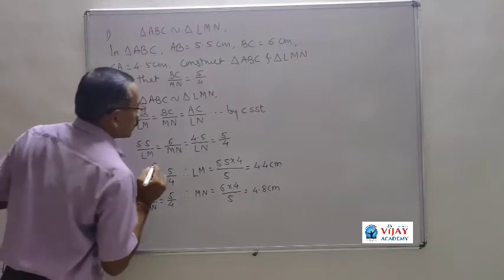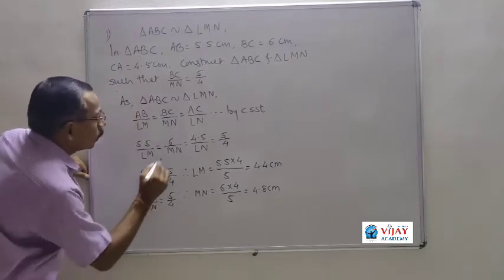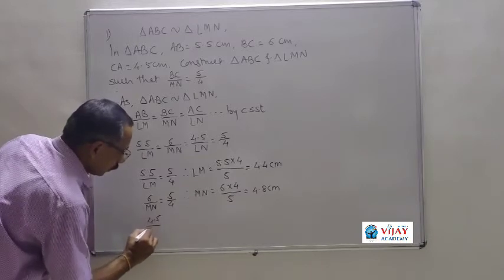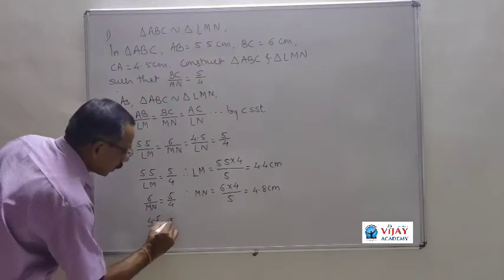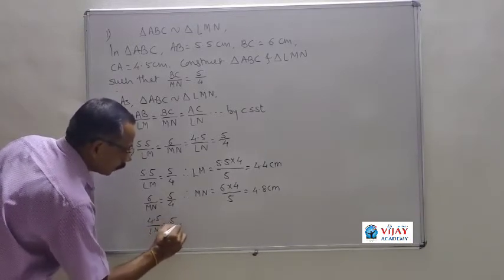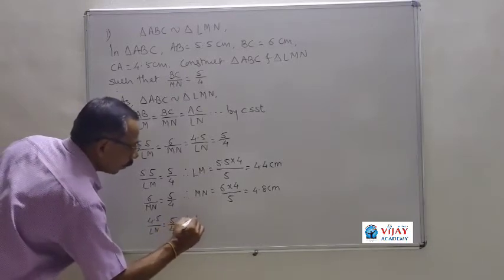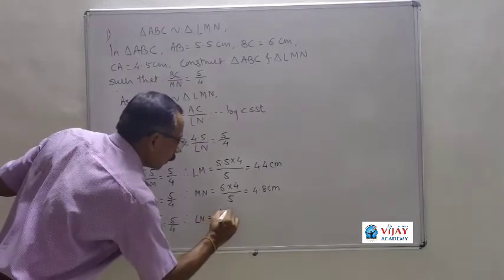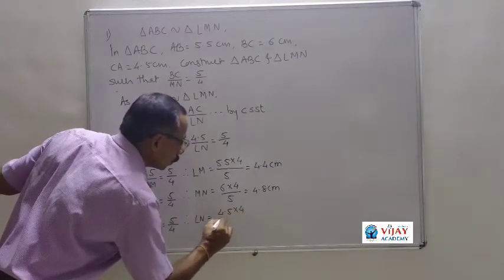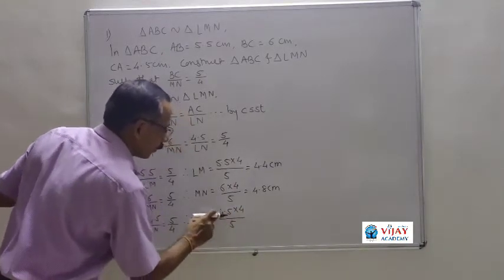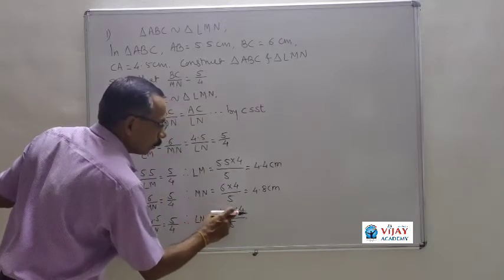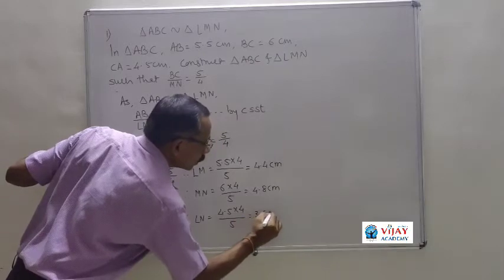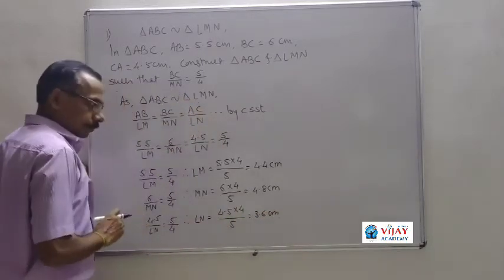And the last one: 4.5 upon LN is equal to 5/4. So LN is 4.5 into 4 upon 5. If we divide by 5, we get 0.9, and 0.9 into 4 gives 3.6 centimeter.